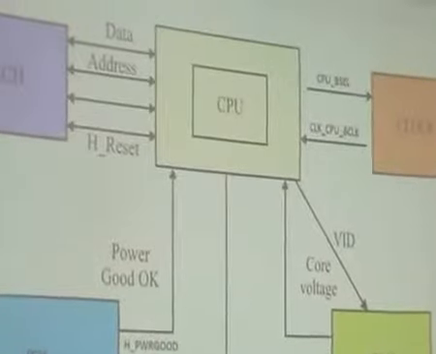Go back to page number 4. So here the important pins are CPU underscore select 0, CPU underscore select 1, CPU underscore select 2. Move to page number 5. There is one more signal, power good. This power good signal is coming from the ICH. This is a very important signal. You have to measure this signal at the CPU socket.